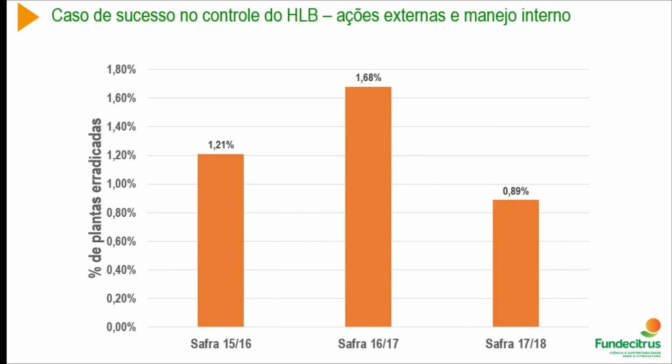They were able to bring that down to 0.89% in this crop that closed in April 17-18. So this is promising. If you work very well around the property, we will have very good results. Obviously, that farm is following the 10 commandments rigorously, but the differential was really the external actions.